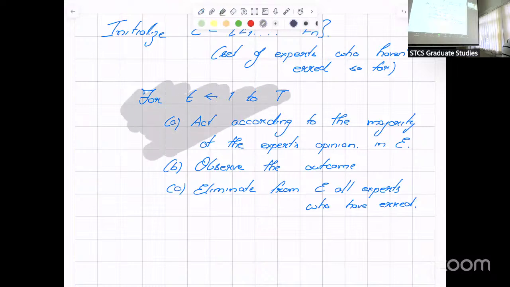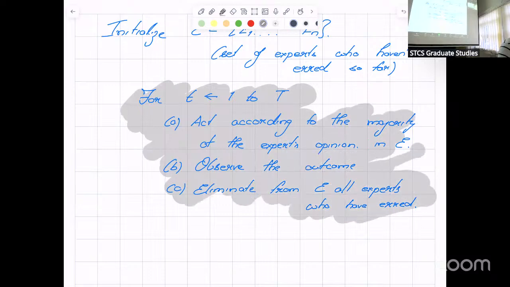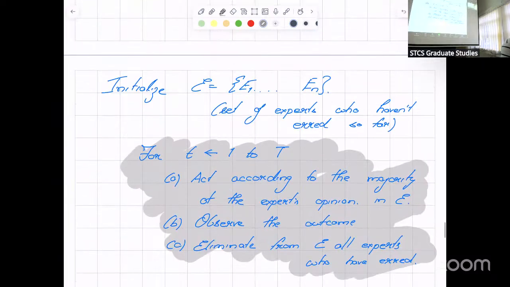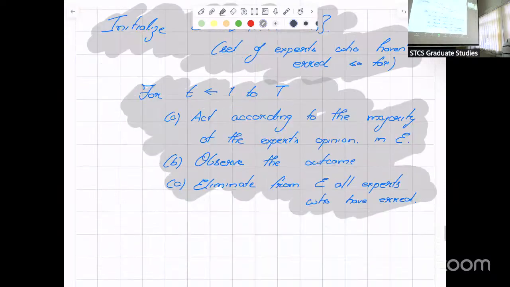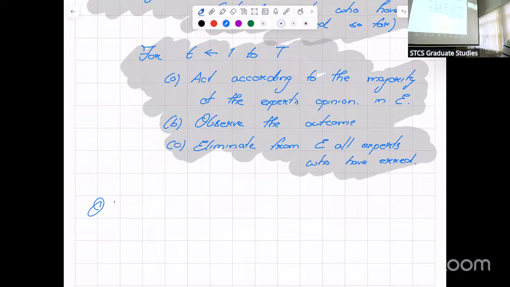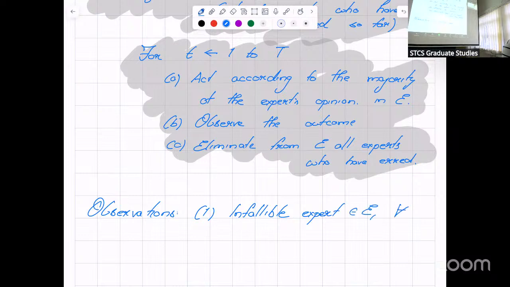And that's what we want to do. What were the two observations we made here? One, the infallible expert is always in E for all time T. We will never eliminate him because he's always correct.